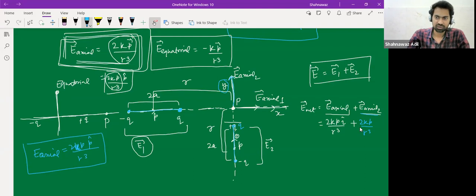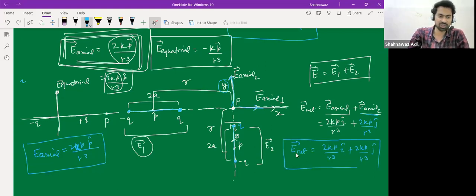I is the x direction, so y is j. So this is our net electric field: E net is 2 kp by r cube i hat plus 2 kp by r cube j hat.